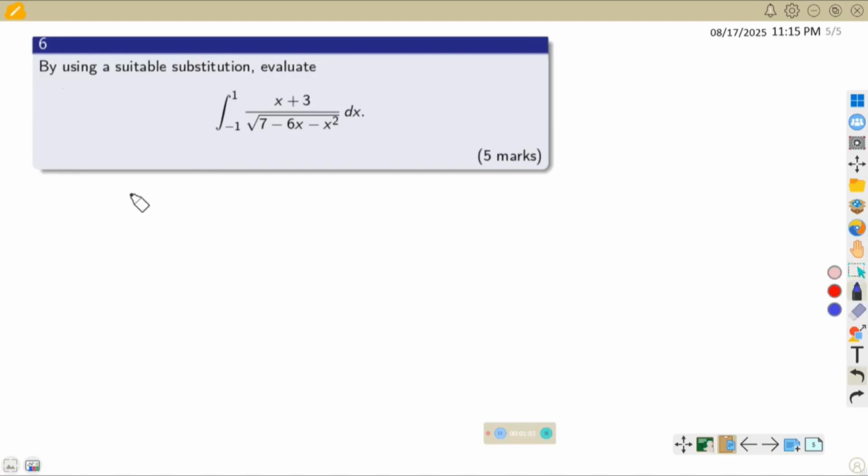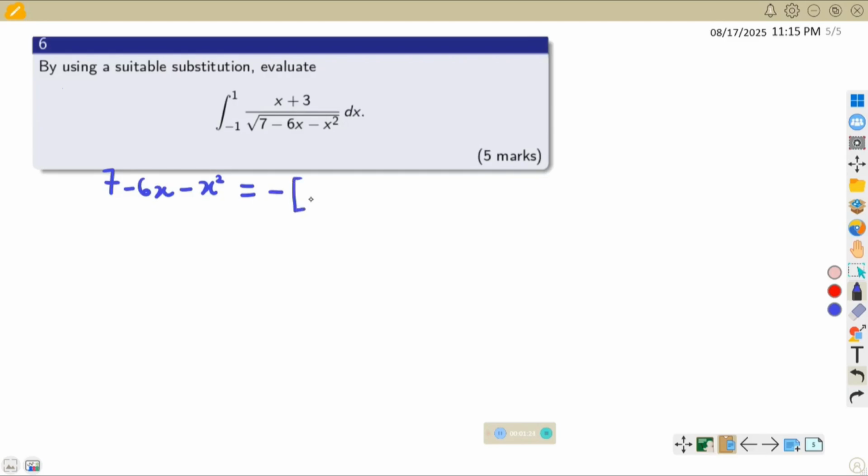So we deal with 7 minus 6x minus x squared. If we are going to complete squares, we first make the coefficient of x squared positive 1. So how do we do it? We pull out the negative.